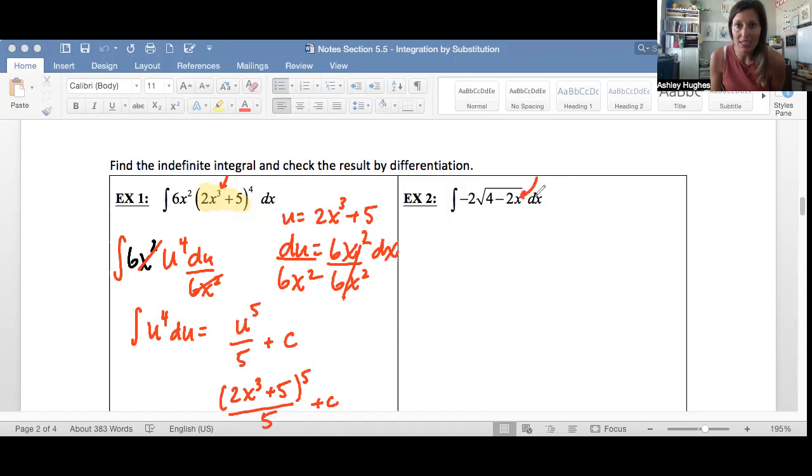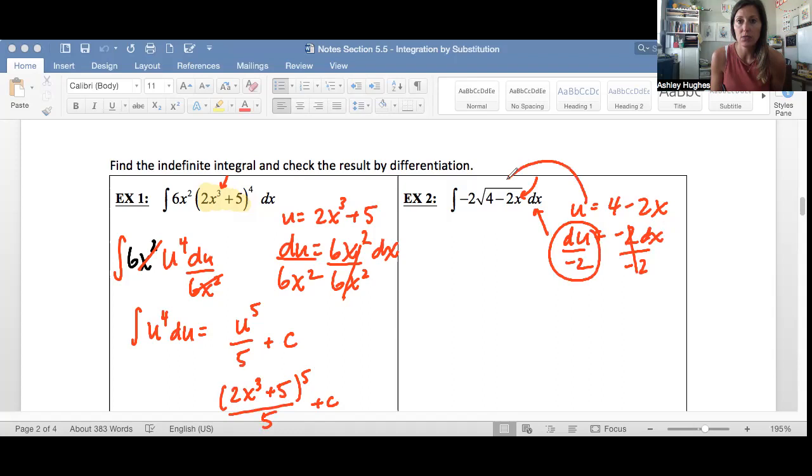Let's try this one. We're going to pick the thing inside the square root. So 4 minus 2x. The derivative of that is negative 2 dx. Solve for dx. So now I'm going to substitute in this for dx and this for u. So negative 2 square root of u du divided by negative 2.